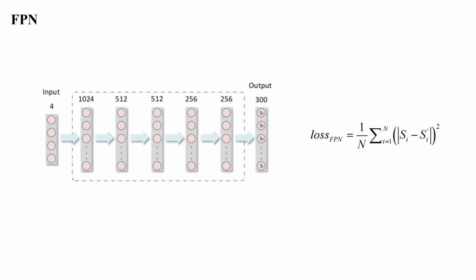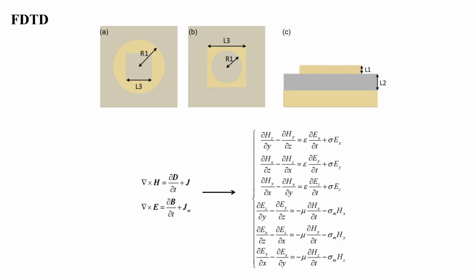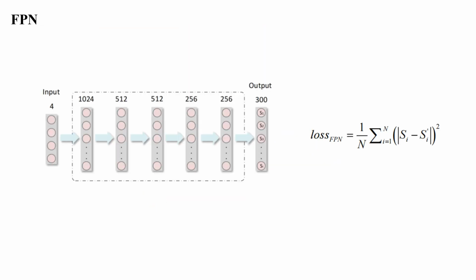And then we constructed the forward prediction network. Here we noted like this, and we use 5 layers of neurons. The input is what we just mentioned, the 4 parameters, R1 and L1 to L3. And we can finally get the output of the 3 point absorptions.